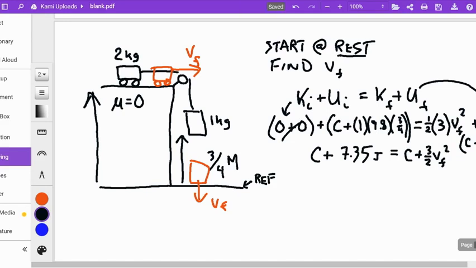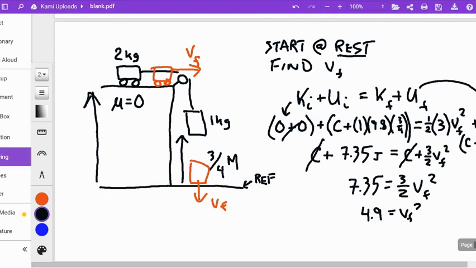And then you can see right away that C cancels out. We probably didn't even need to write it because the top cart never really changes its height. To solve for final velocity, you just have to solve this equation. 7.35 is equal to 3/2 V final squared. So we do 2/3 times 7.35, and I get 4.9 is equal to V final squared.